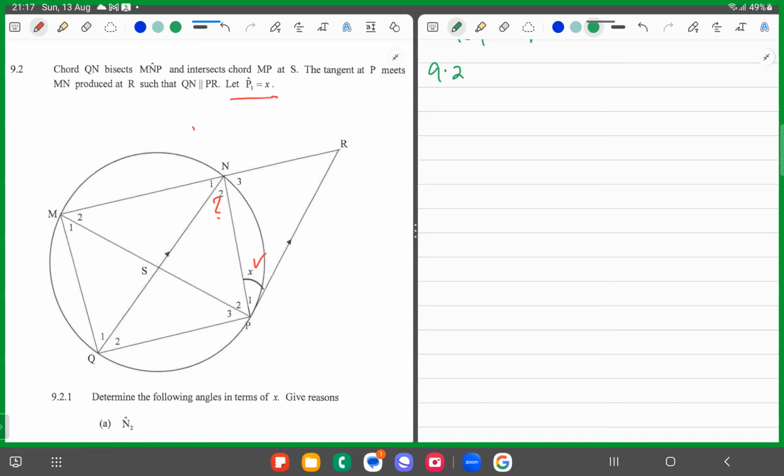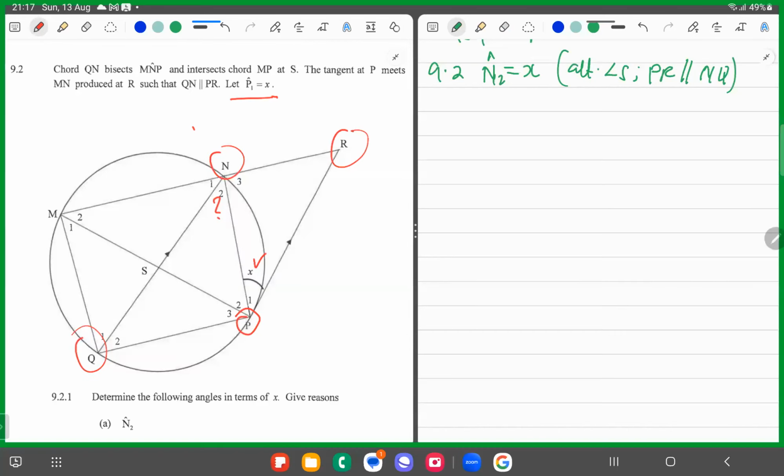All right, it is clear that angle N2 is x. Alternate angles, PR is parallel to NQ.